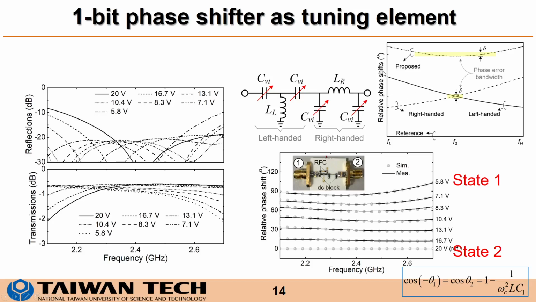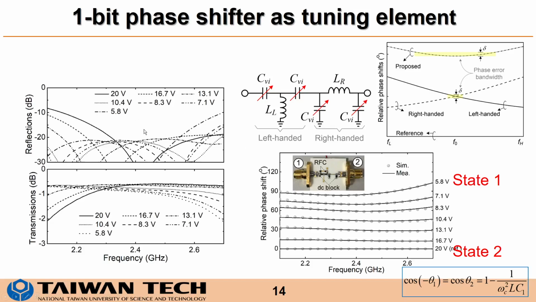The relative phase shifts of the left-hand and right-hand synthesized transmission lines have slopes in opposite directions. And when we combine these two structures, we can get a very flat relative phase shift.